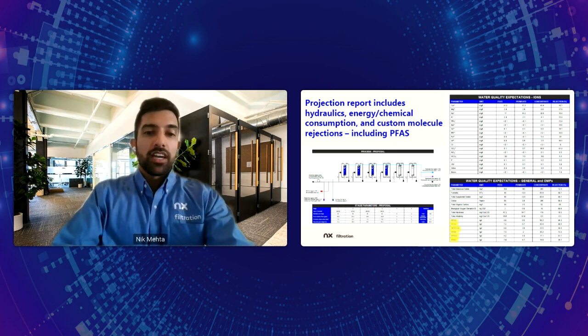And so you can see here at the bottom right, I have it highlighted. Hopefully it's not too small, but these are some snapshots from the printout of one of the projection reports.